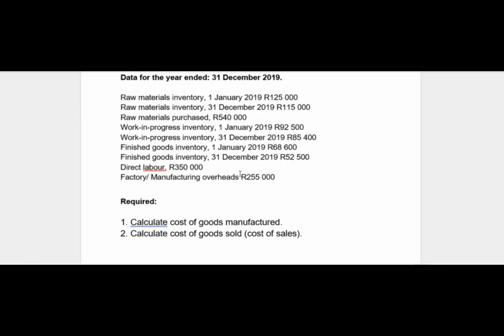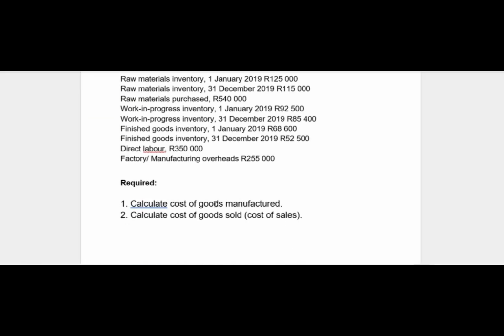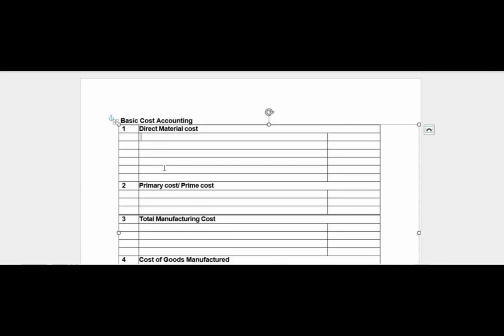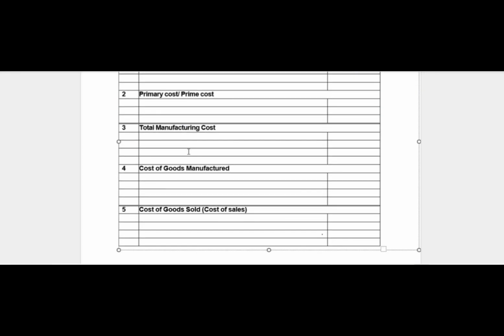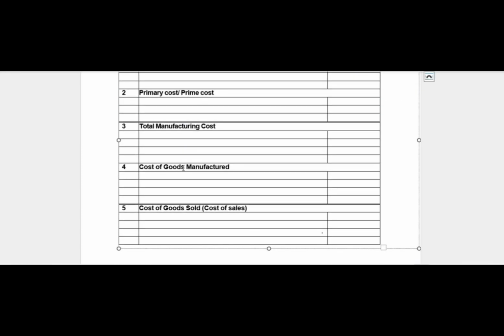So for you to reach this and be able to calculate this, you need to have the formulas and the formats on how to calculate certain things. Remember, for you to be able to calculate the cost of goods sold, you need the above information. You need direct material cost, primary cost, total manufacturing cost, and cost of goods manufactured, and then you will be able to calculate cost of goods sold.